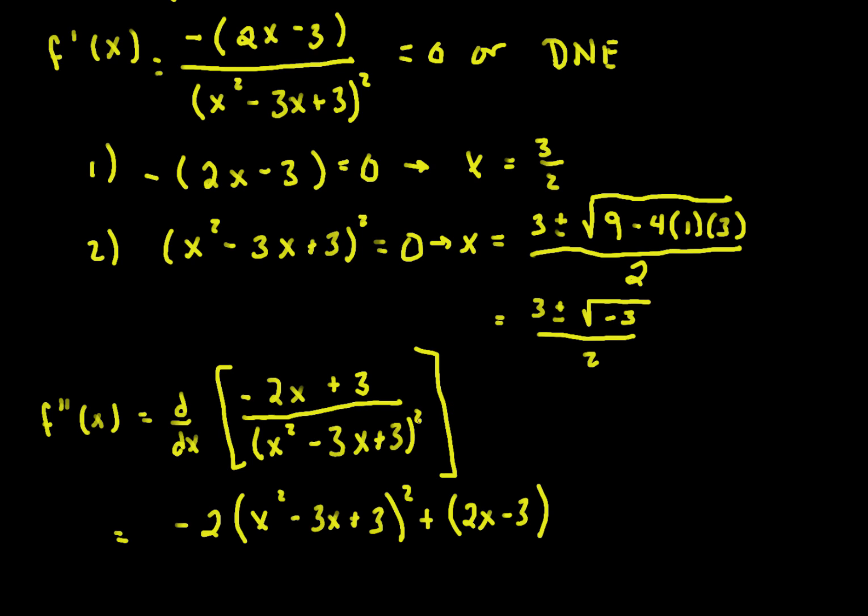So I'm going to get, excuse me, 2 coming down in the front for the power rule. So a 2, and the derivative of this inside, so that's 2x minus 3.